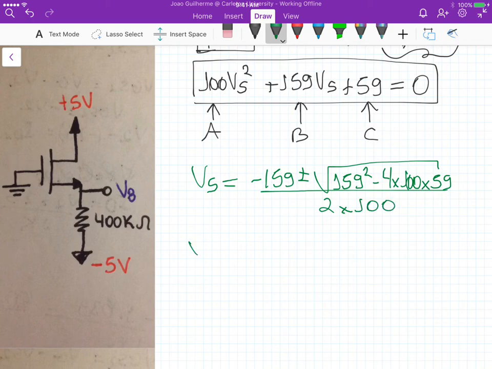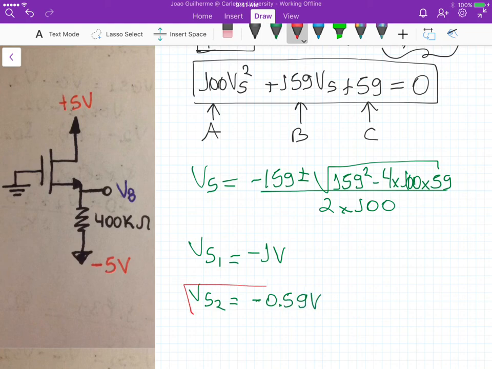If we solve this one here, we get Vs1 and Vs2. Vs1 is minus 1 volts, and Vs2 is minus 0.59 volts.